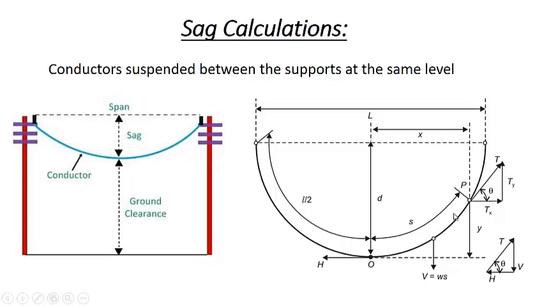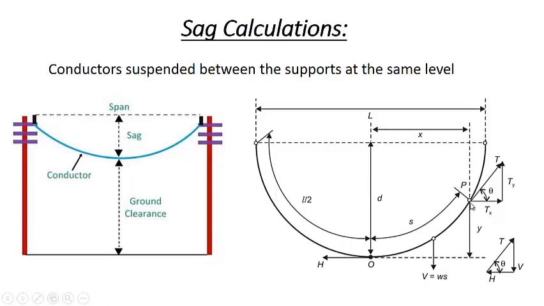So at any arbitrary point which is at a distance of x from this origin, we can say this point is x and y: its horizontal distance from this origin is x and vertical distance is y.